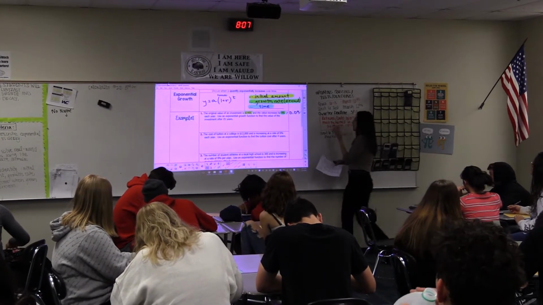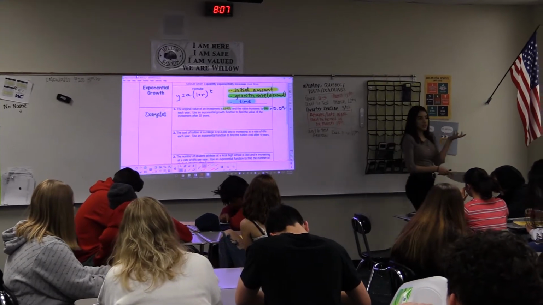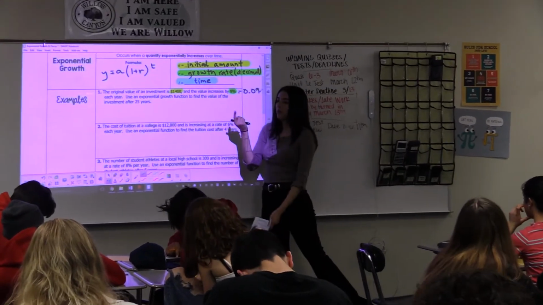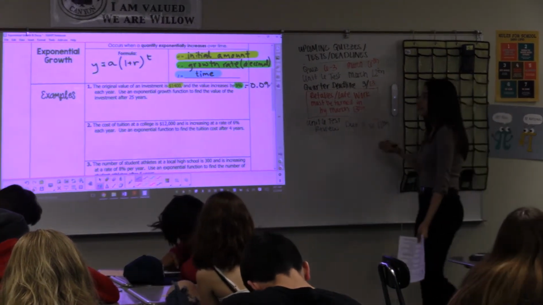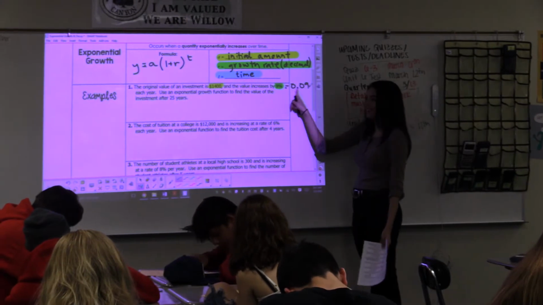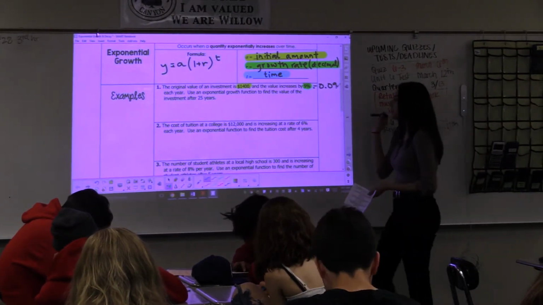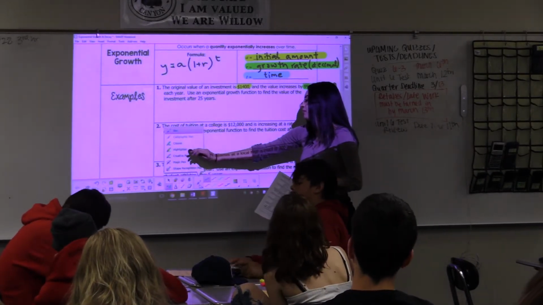So think of it kind of like out of 100, so like pennies maybe, or like as a dollar. So 100 would be 1.00, and then 9%, so like 9 pennies, would be represented like this. All right. So 9% is our growth rate, which is 0.09, and then our time would be 25 years.